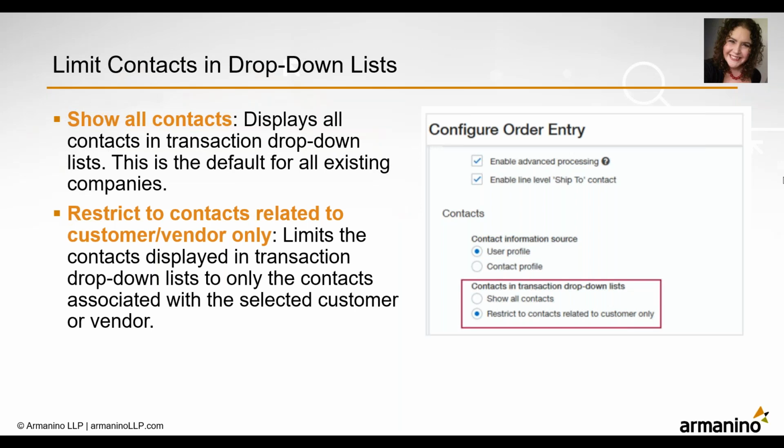So this does two things. If you have limited customer and vendor visibility to particular entities and therefore to particular people, most likely they were able to see all contacts in the system. While you could limit the customer and vendor records, you couldn't limit visibility of the contact record.